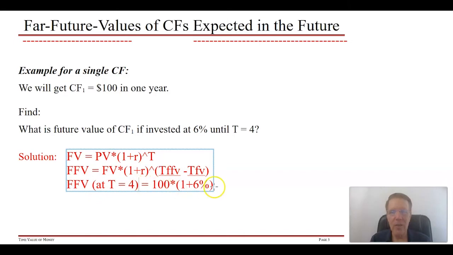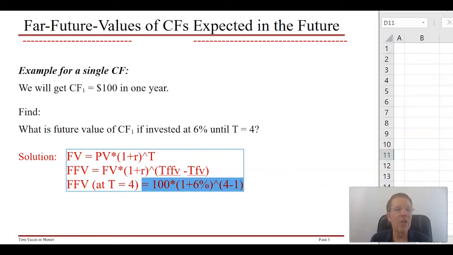At t equal 4 is equal to 1 plus 6% raised to the, how much time has elapsed that it's growing at 6%? Well, it's going to end at 4, but we don't get it until t equal 1. So it's got 3 years to grow, from t equal 1 year to t equal 4 years.